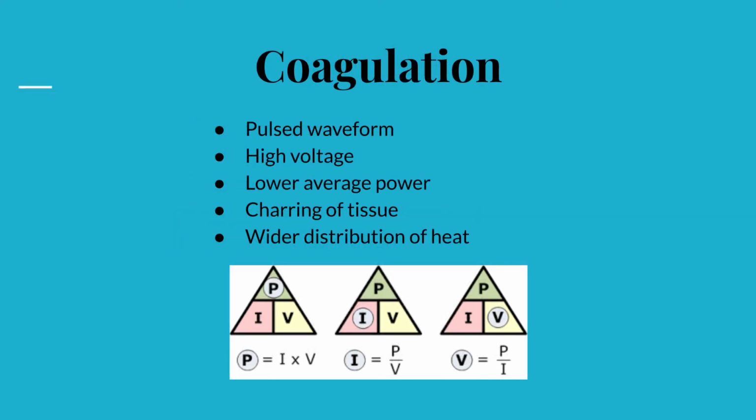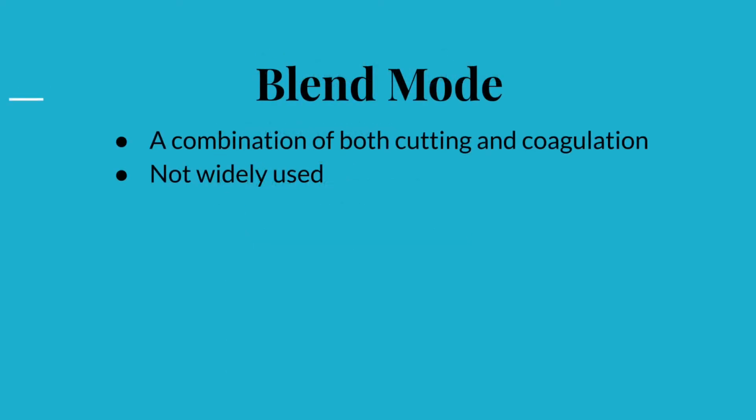On the other hand, coagulation mode is a pulsed waveform, high voltage, lower average power, and it achieves coagulation by charring the surrounding tissue with a wider distribution of heat. And lastly is the blend mode, which, like I've mentioned, is the combination of both, though these are not widely used.